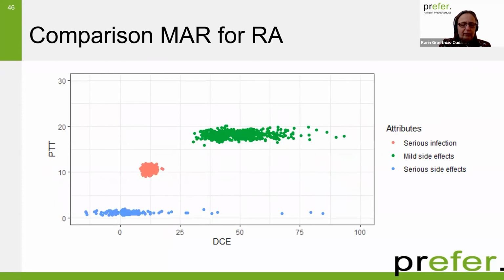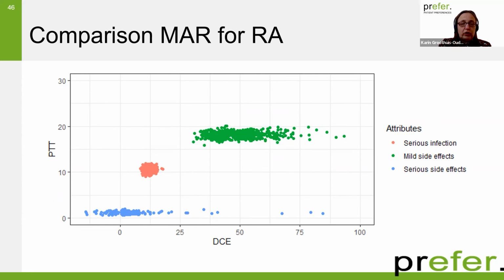Next slide. In this slide, you see the maximal acceptable risk for serious infection, that is in red, and this is for the RA case study. Mild side effects in green and serious side effects in blue. On the x-axis for the DCE and on the y-axis for the probabilistic threshold technique. Only the MAR estimates for serious infections are quite comparable.